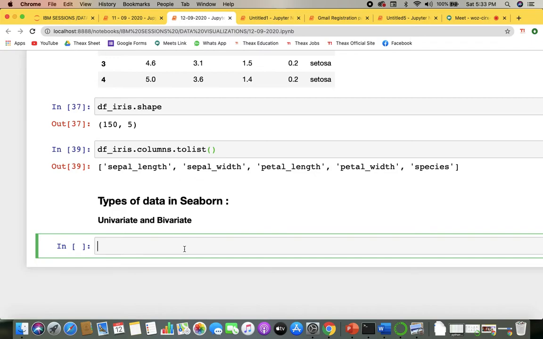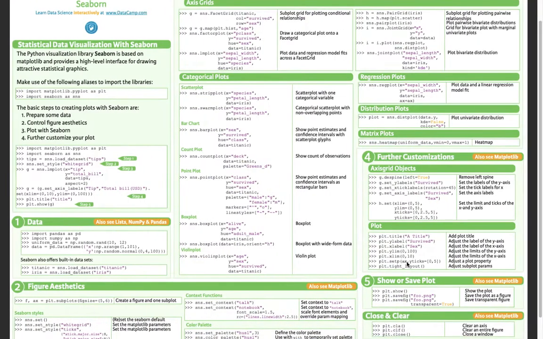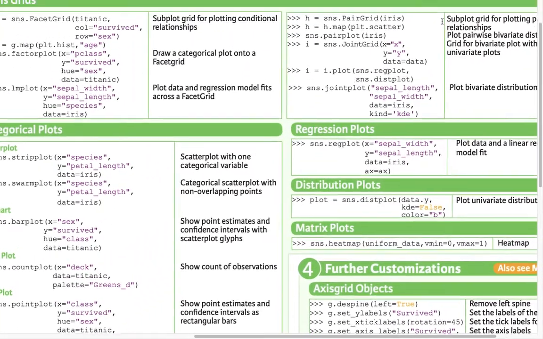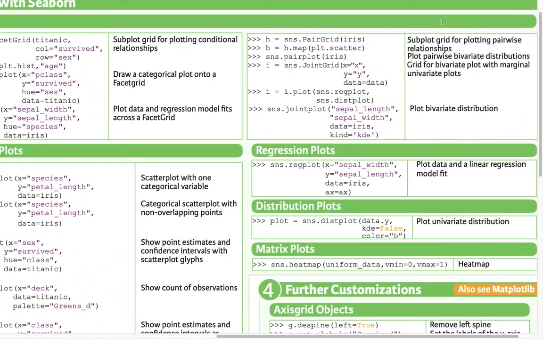These two things are actually very different. There are separate graphs for plotting bivariate and univariate data. For bivariate, we use the joint plot. For univariate, we use the distribution plot.